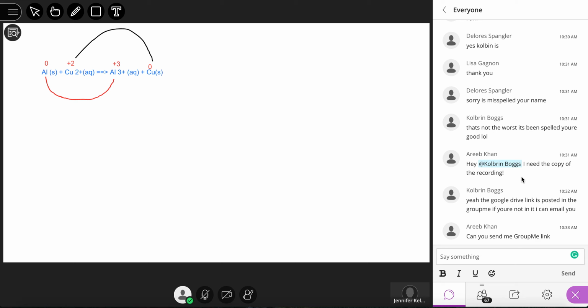So that changed. And then on the left, copper is plus 2, but on the right it's 0. So then you want to separate them out. So aluminum, solid, going to aluminum plus 3.